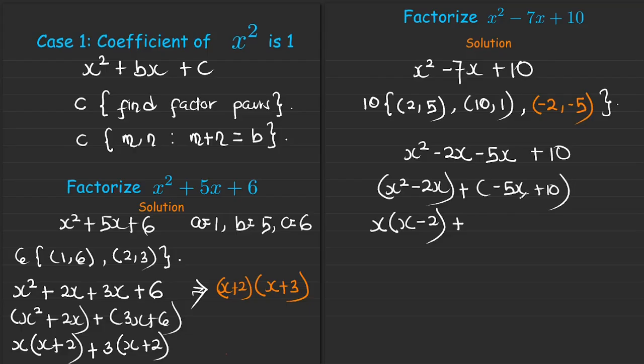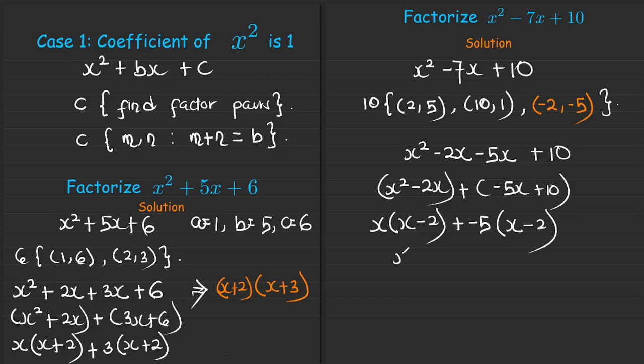What is the common factor of negative 5 and 10? That is a negative 5. So negative 5, then negative 5 times what gives us a negative 5x, that is an x. Negative 5 times what gives us the positive 10, that would be a negative 2. With that, you realize that you have these two brackets being what? Similar.